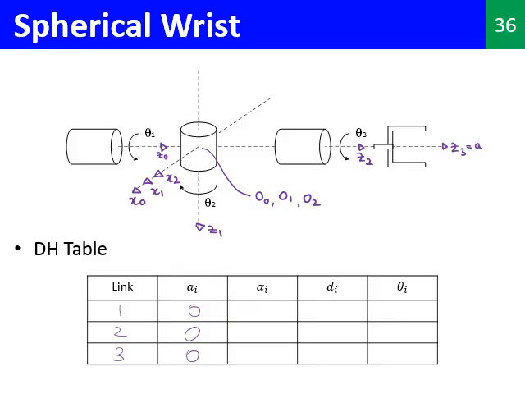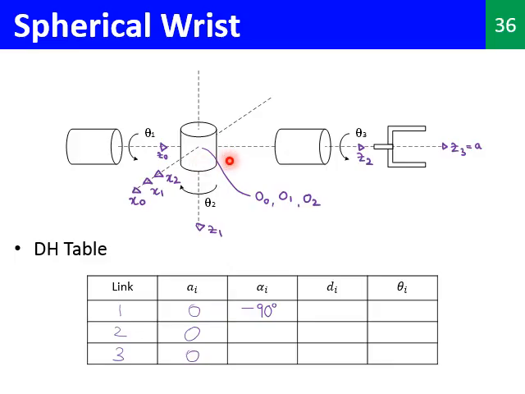Now X1 axis is in this direction. Therefore, this angle is going to be minus 90. Okay, considering the positive sense. Next, we want to find the angle between Z2 and Z1. So here we have Z2 and Z1. Again, that's 90 degrees.